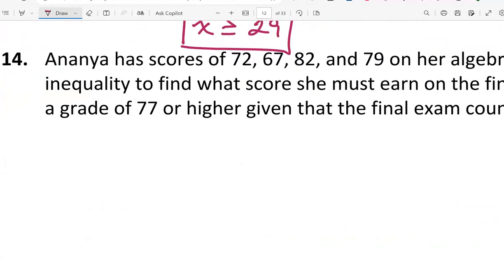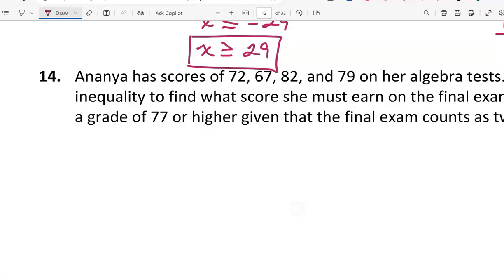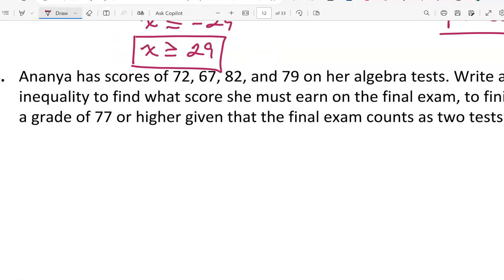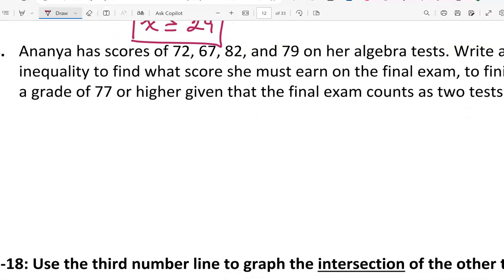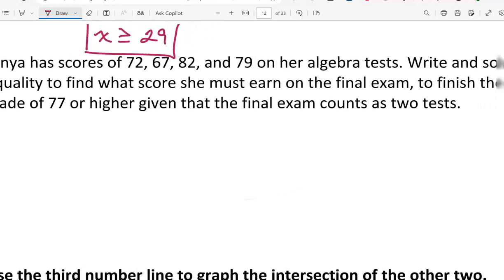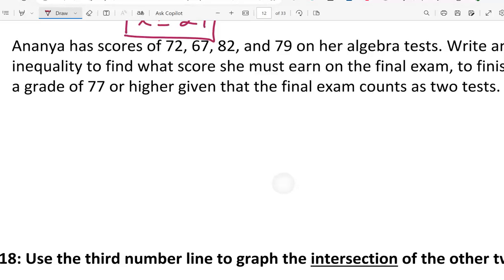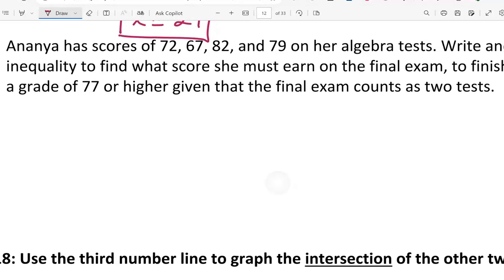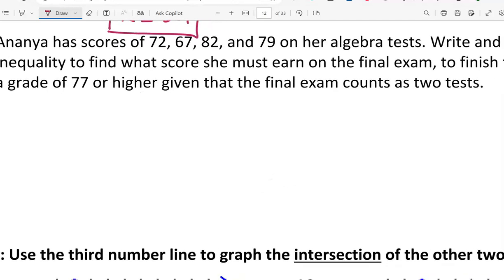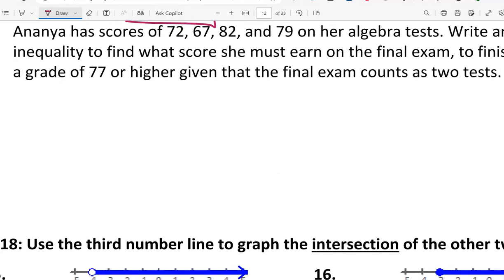In 14, Ananya has 4 scores on her algebra tests, and we are going to write and solve an inequality to find the score she must earn on the final exam, which is going to count as 2 tests in order to finish with a grade of 77 or higher.